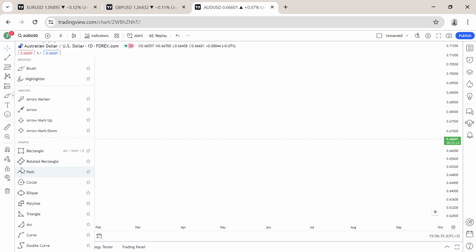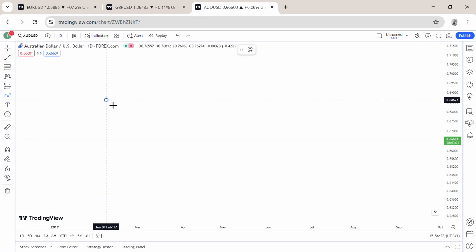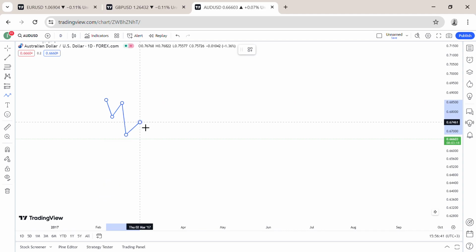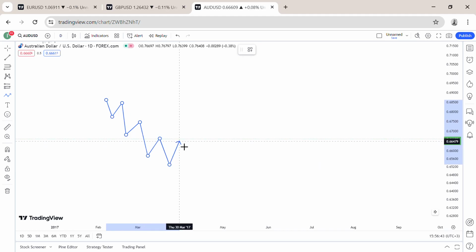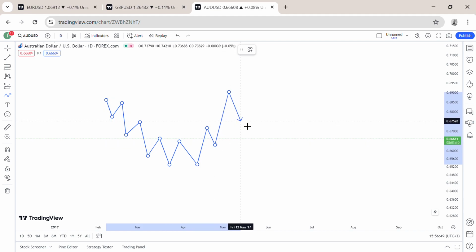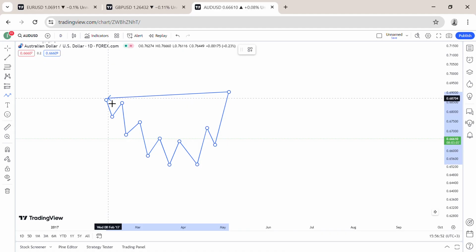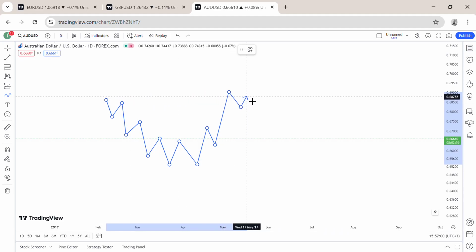Okay, so what I said yesterday, let me draw it. Assuming this is a market structure like this, and then the market shifted like that, trading into this point of interest, a higher time frame swing point, and then dropped down, traded higher, but it fails to break above the previous high, or fails to cause a break of structure.